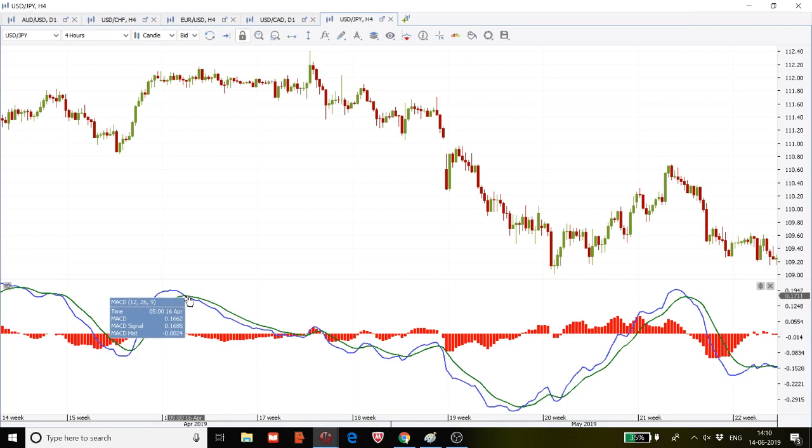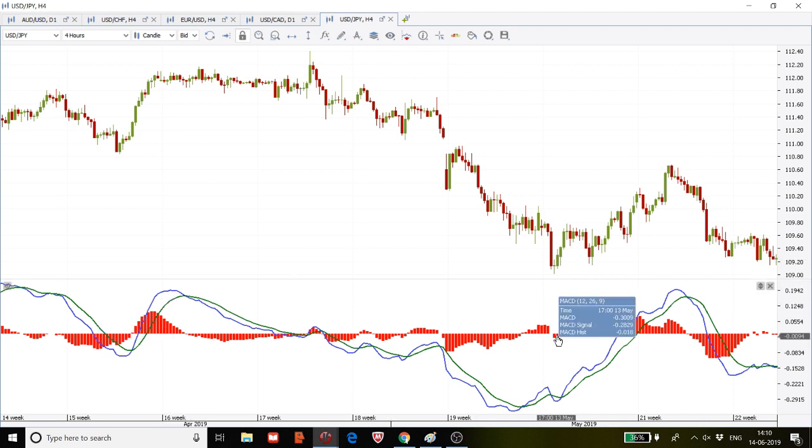For the buy, the crossover should occur below the minus 0.1 level, and for the sell trade the crossover should happen above the 0.1 level.